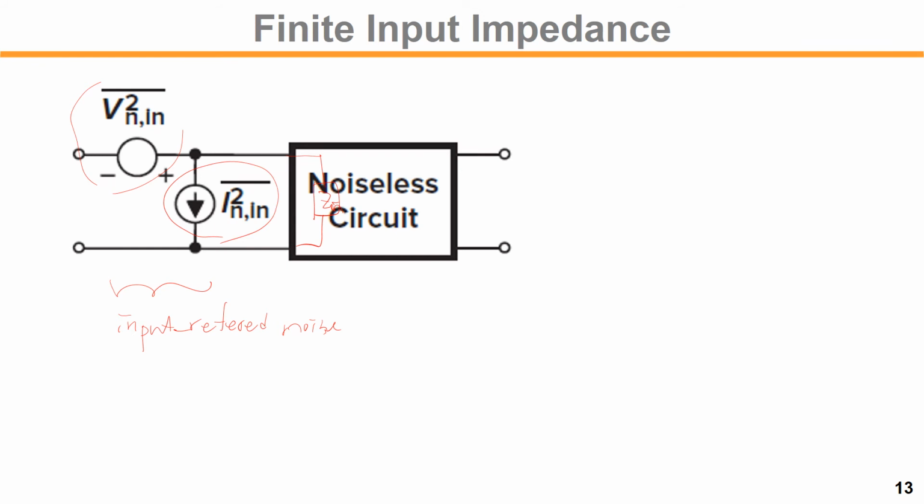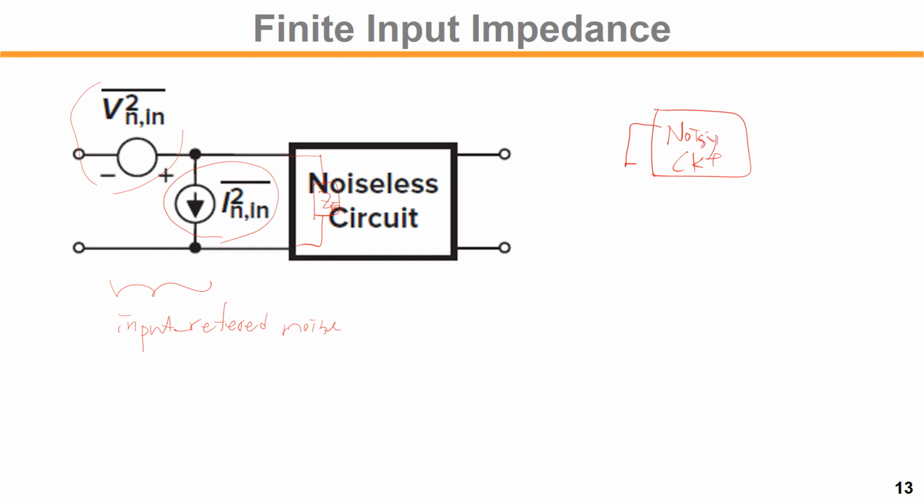If that has non-zero impedance, then just a voltage noise source is not enough. So we have to consider both, like this network, right? Once we model this network, it should behave the same. So we have, let's say, a noisy circuit.